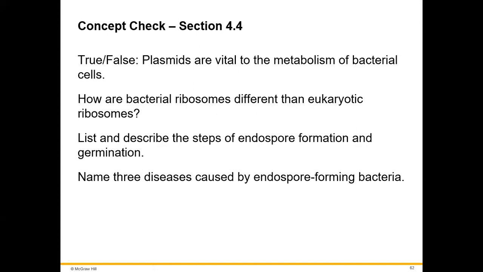Botulinum, and what was the other one? Clostridium. Anthrax. Yes, Clostridium botulinum causes botulism, and both botulism and tetanus are due to a neurotoxin that the bacteria secrete.